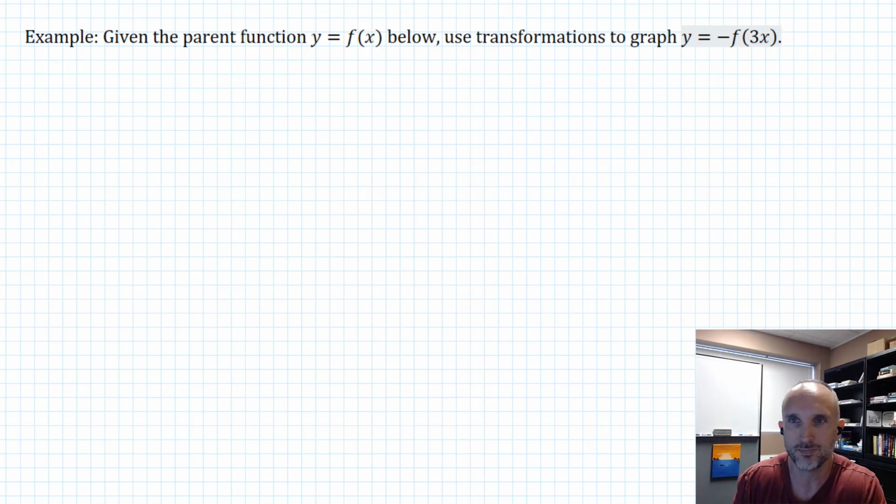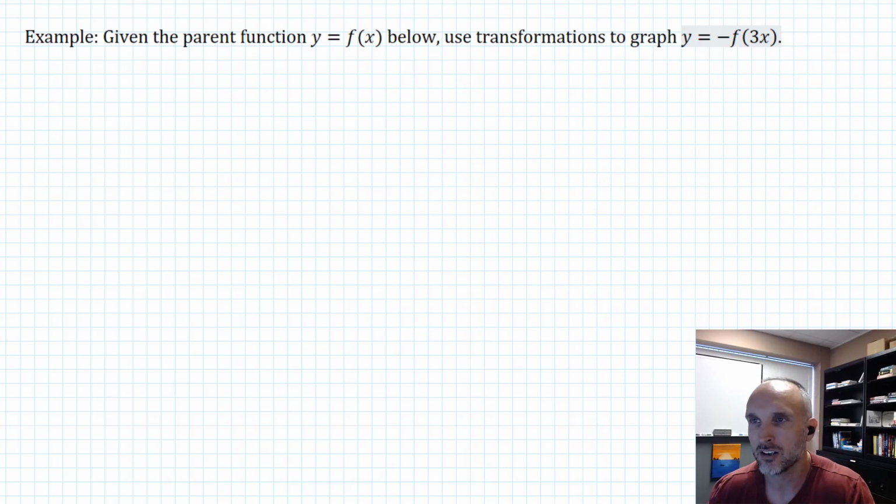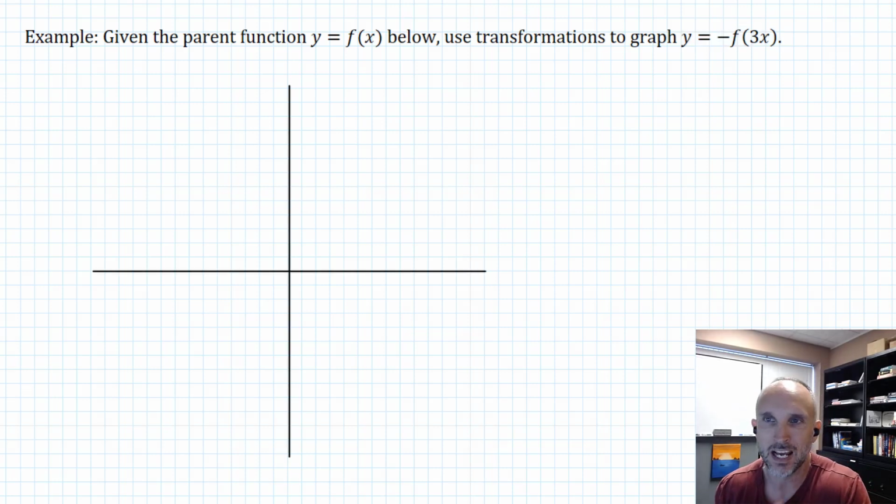And actually, let's make a different parent function real quick. That's no problem. Let me put a grid on here. Now that we know what we're going to do, let's plot the points. So let's have our first point at -9, 5.